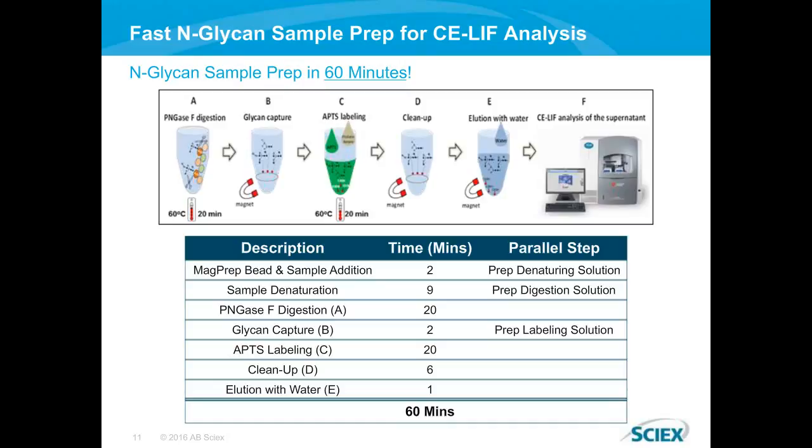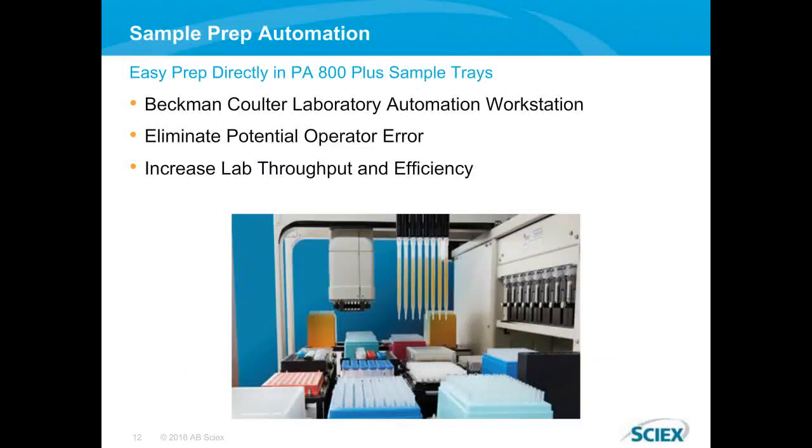I'll go over that in more depth in a slide in just a minute. After the labeling, we do just a quick cleanup to wash out all of the excess APTS, and then we elute the glycans off of the magnetic beads with water, and you have your sample, and it's ready for CE-LIF analysis. So start to finish, your sample prep for up to 96 samples can all be done in just an hour.